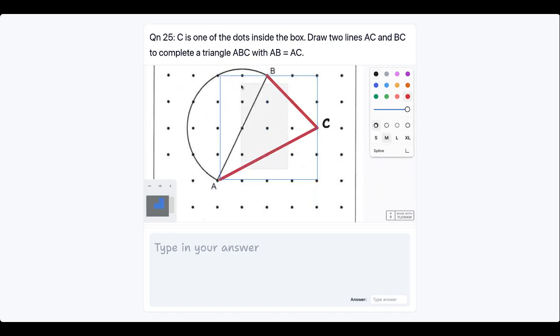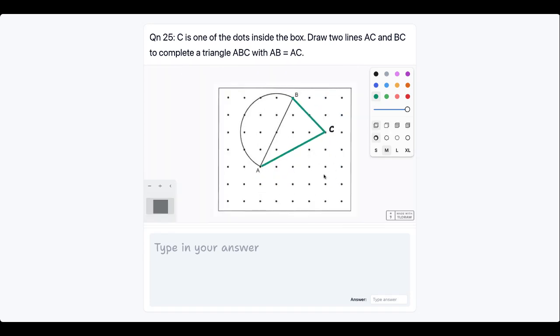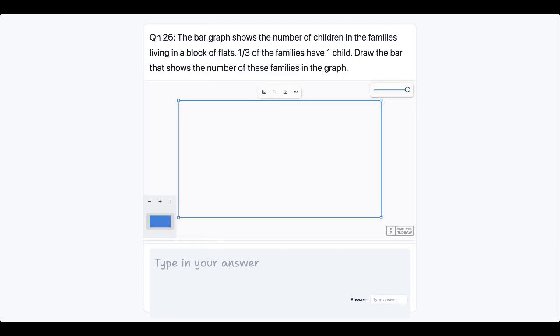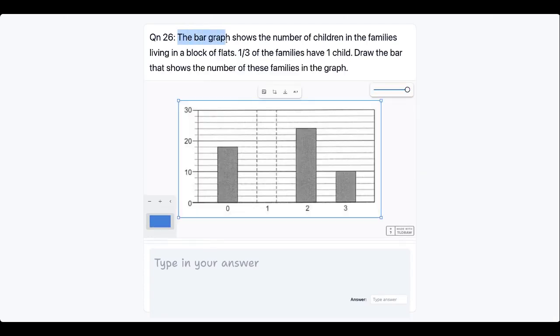You got your correct answer over here. Okay, alrighty, save this. All right, let's move on to the next question. Question 26. The bar graph shows the number of children in the families living in a block of flats.